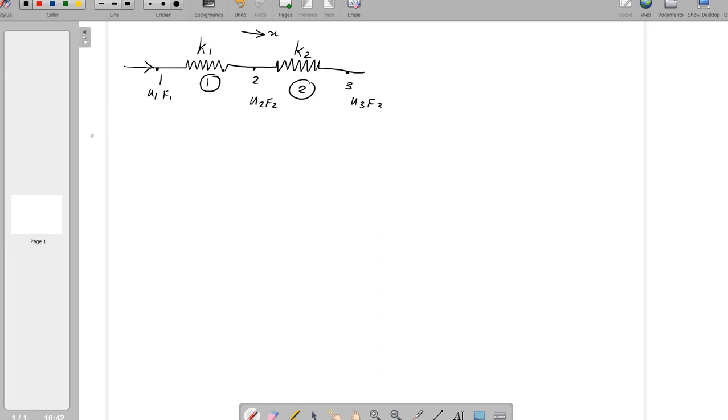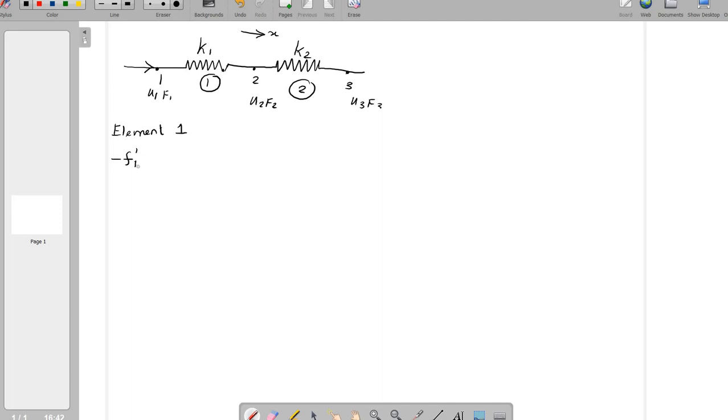So we are going to assemble the force displacement relationship for element 1. The force at node 1 is compression, so minus F1 suffix 1.